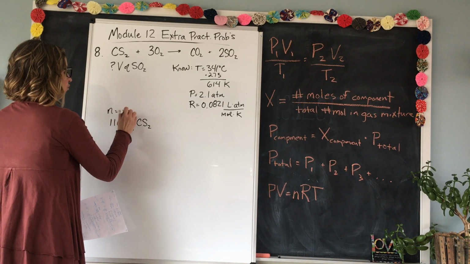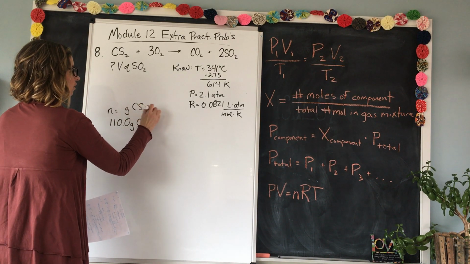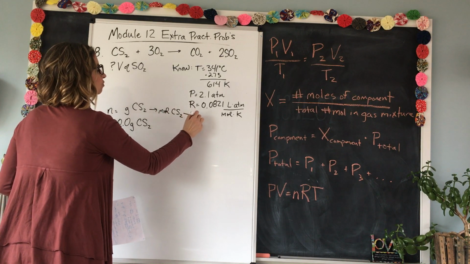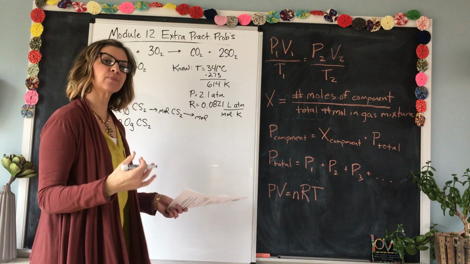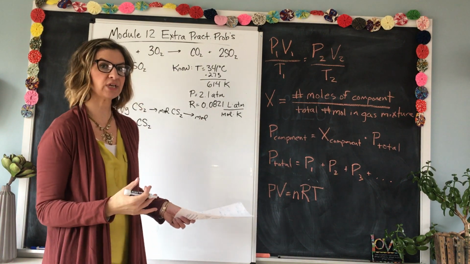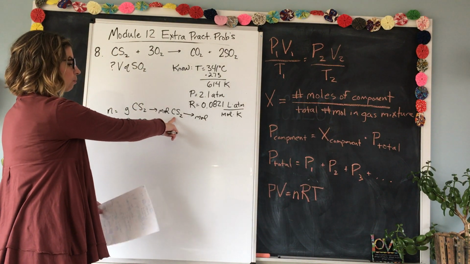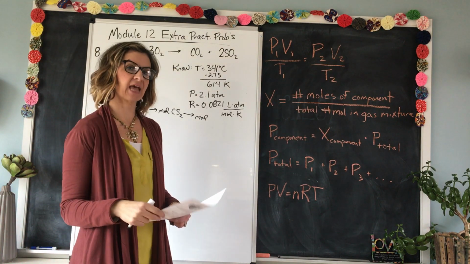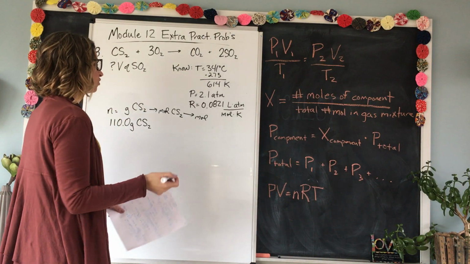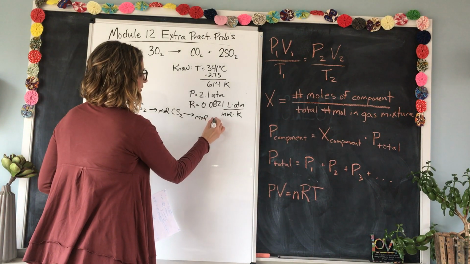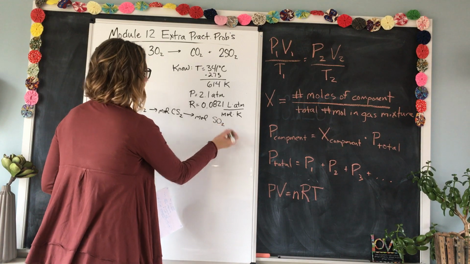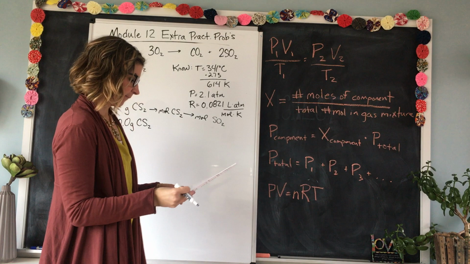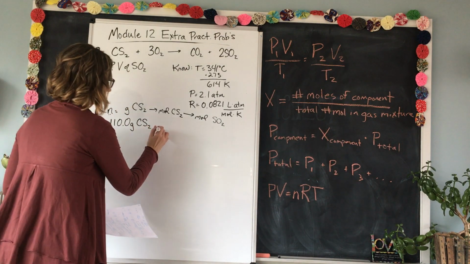We're going to go from grams of CS2 to moles of CS2 to moles of what we're looking for in the problem, which is sulfur dioxide. We can move from moles of CS2 to SO2 by looking at the balanced chemical equation. That's where the stoichiometry comes in. So here we would end up in moles of SO2, which is N, which is what we're trying to identify right now.